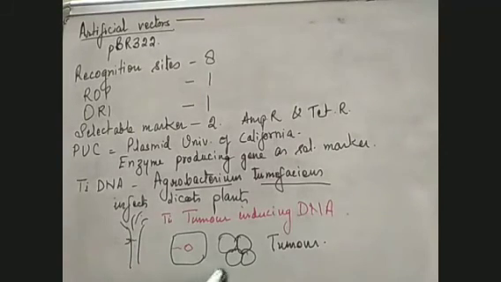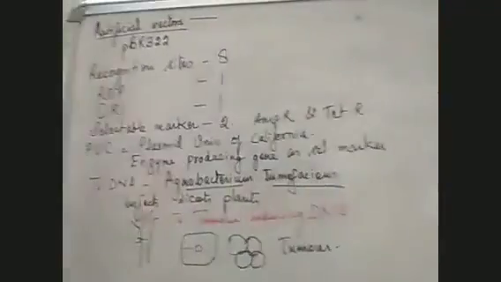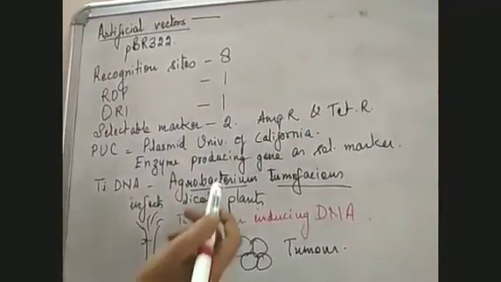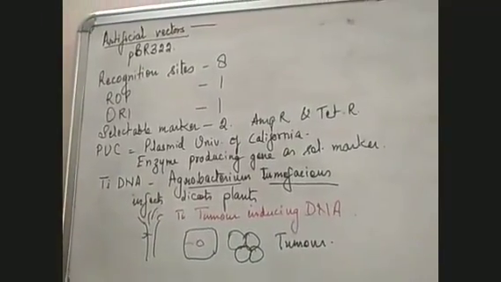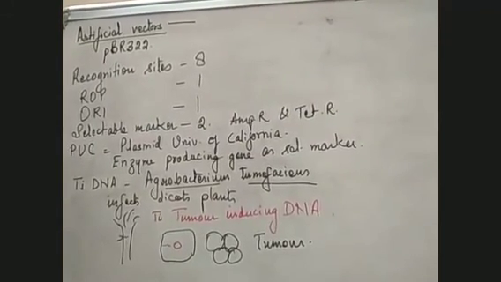So this particular thing the scientists noticed, and they use this particular property of Agrobacterium tumefaciens in their work: how to use Agrobacterium tumefaciens, its TIDNA, for sending our gene of interest. Suppose we want to make multiple copies of our desired gene.